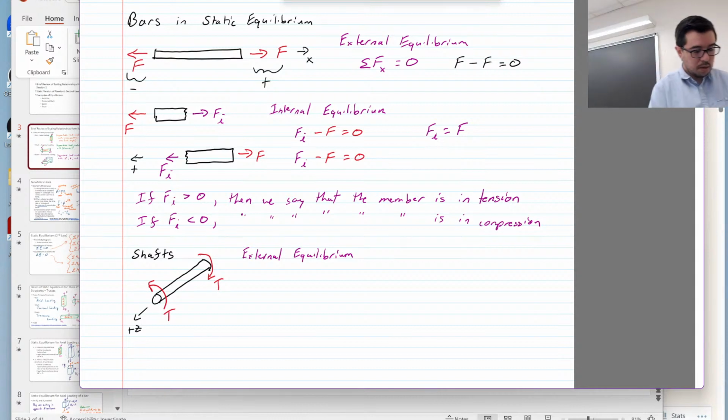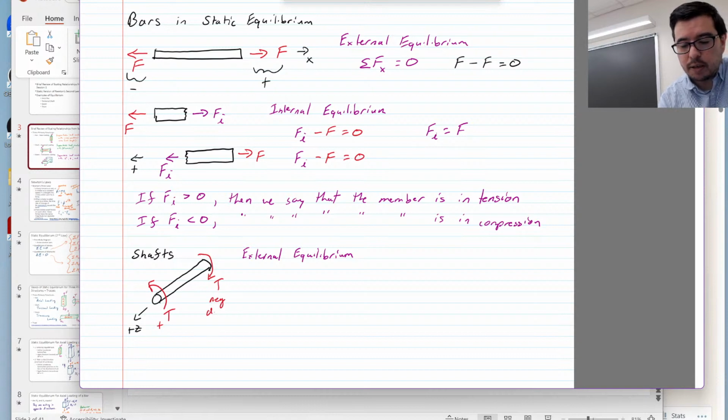Now, what I could have done is drawn it the other direction, and then I might have called it something else, and it would have had a negative sign. But for external equilibrium, what we have here is this is the positive one, and this is actually acting in a negative direction.